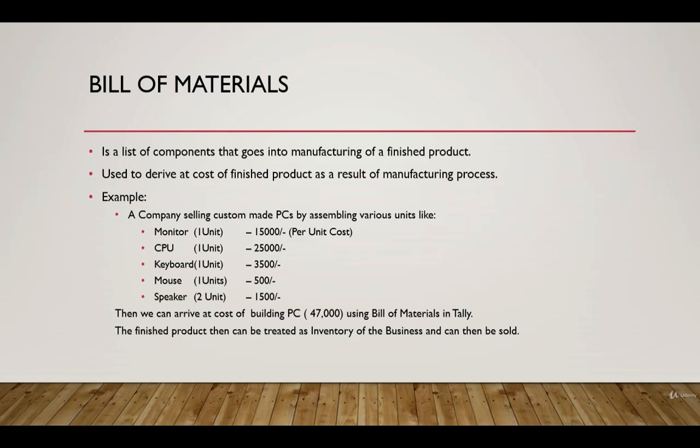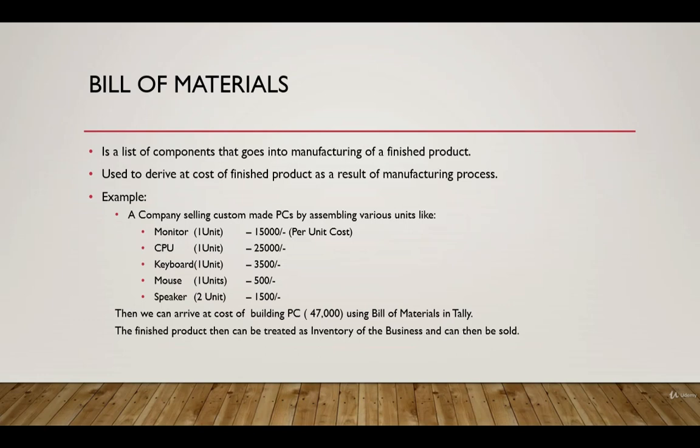of the manufacturing process. Now on your screen we have an example of what a bill of material looks like. This bill of material contains a list of items that go into the making of a PC, and it states that a PC is made up of 1 unit of monitor, CPU, keyboard, a mouse and 2 units of speaker, and the rate of each unit is also present in this bill of material.